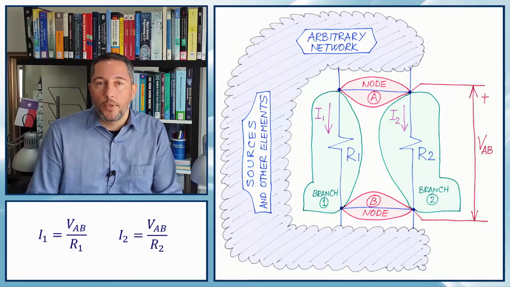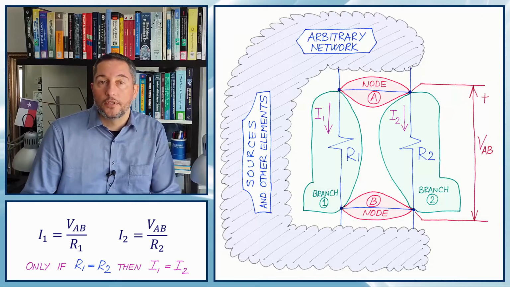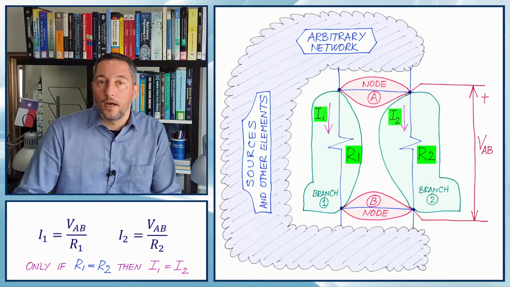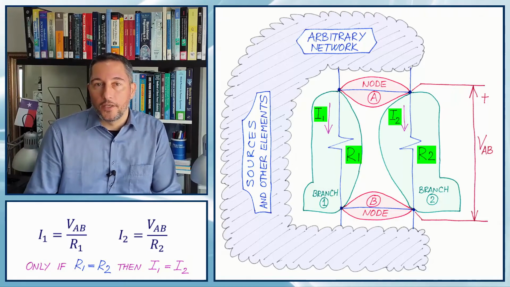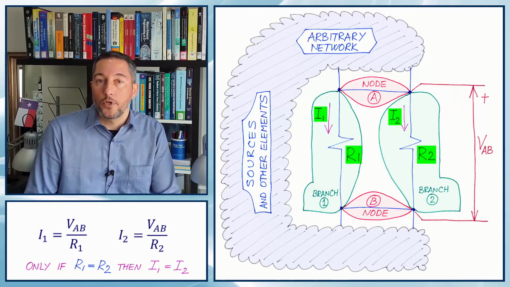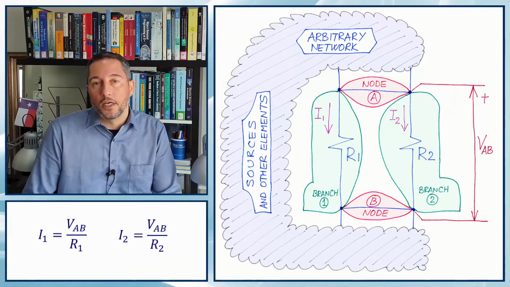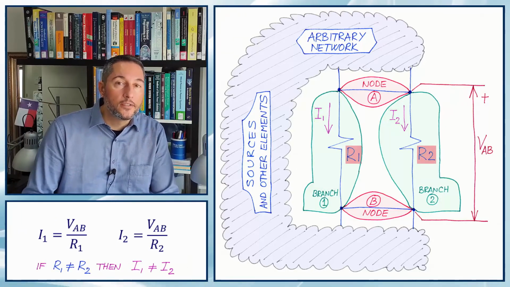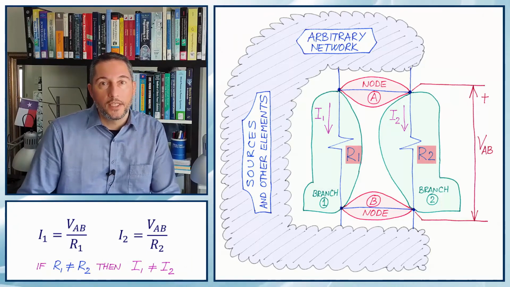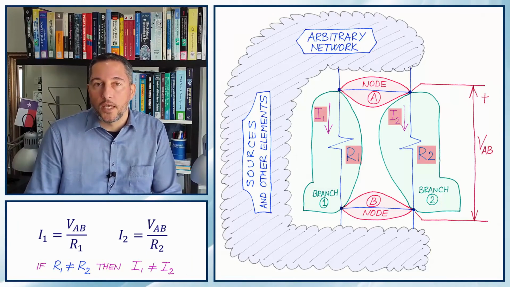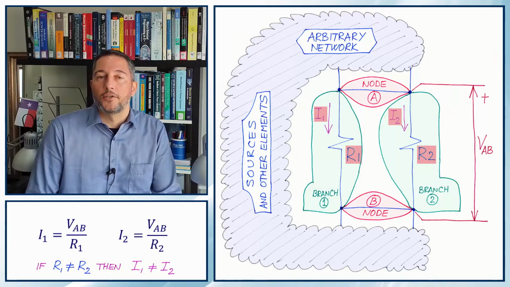So now if we compare what we calculated for I1 and I2, we can say that if R1 equals R2, then I1 will equal I2 because VAB is the same voltage across both of those two branches. On the other hand, if R1 is not the same as R2, that means our value for current I1 will not be the same as the value for current I2.